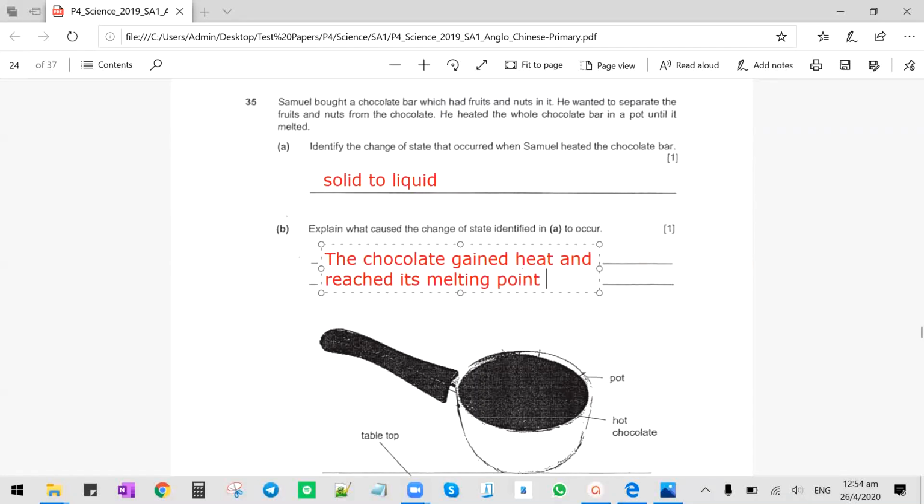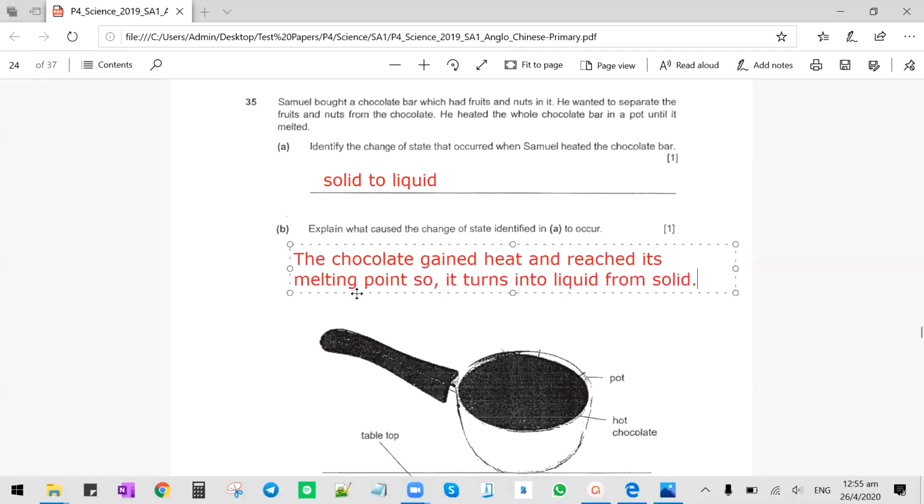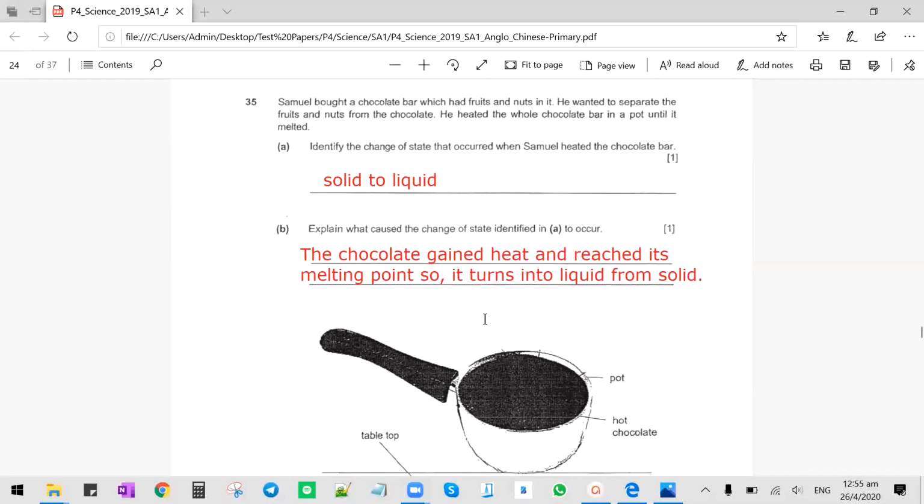It reached its melting point, okay, so it turned into liquid from solid. Okay, you must talk about the melting point. That's why it started to melt. You reach the melting point, that's why it starts to melt. Okay, take a pause if you want to write. I'm going to clear it.